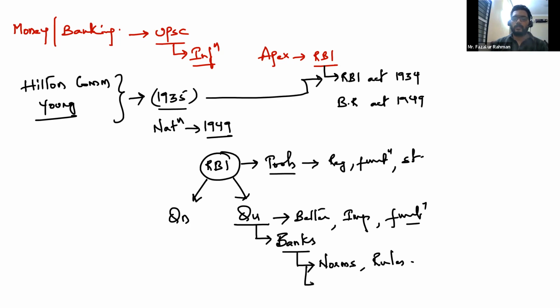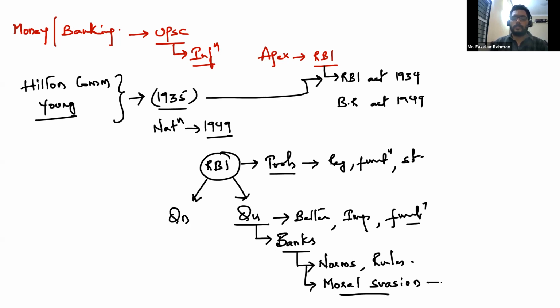Next, RBI also has a most important power, which is called moral suasion. This can be asked in your exam. What is moral suasion with respect to the qualitative tools?